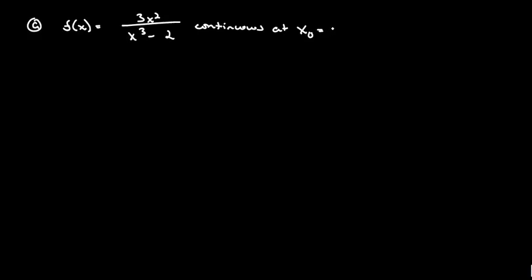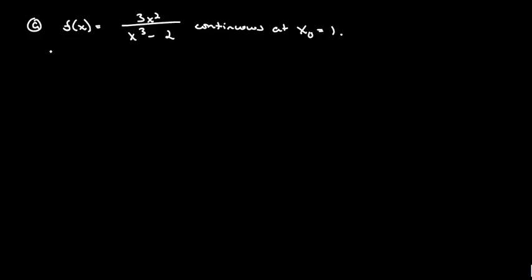We've got some function, call it f of x, equal to 3x squared over x to the third minus 2. So we could show that this is continuous using our definition of continuity, or we could just show that f prime is continuous at x not equals, what do they say, 1.